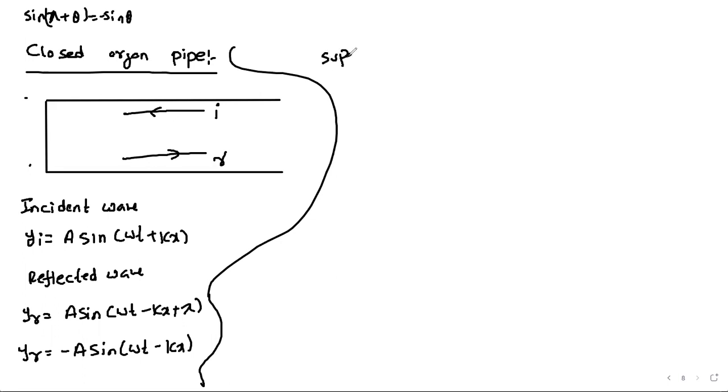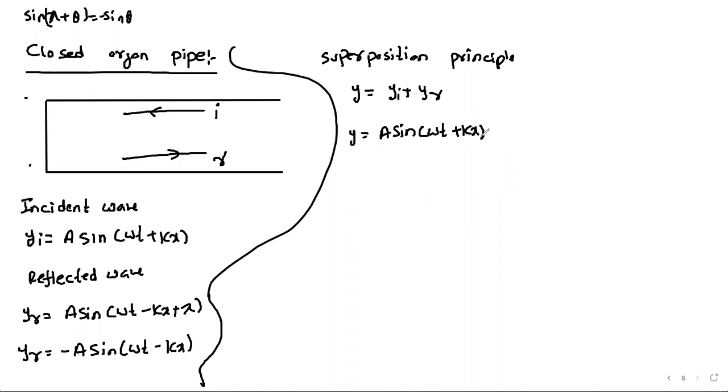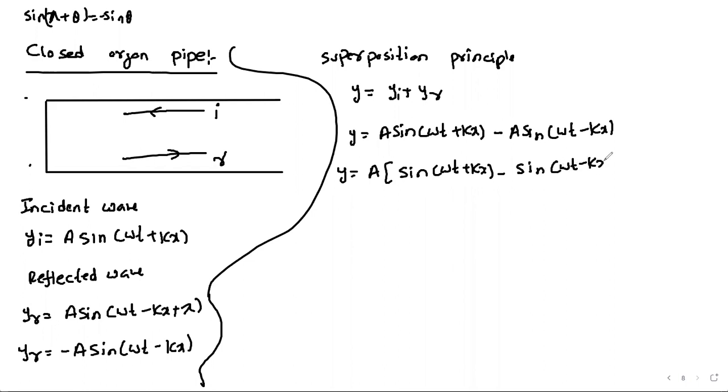Next, we use the superposition principle. So y is y incident plus y reflected. y incident is a sine omega t plus kx. y reflected is minus a sine omega t minus kx. Next, we can take a as common: sine omega t plus kx minus sine omega t minus kx.